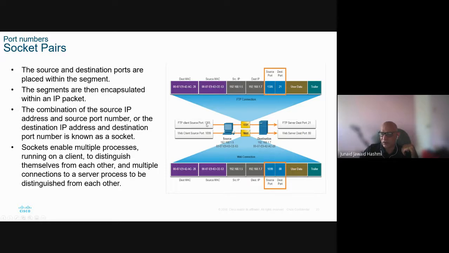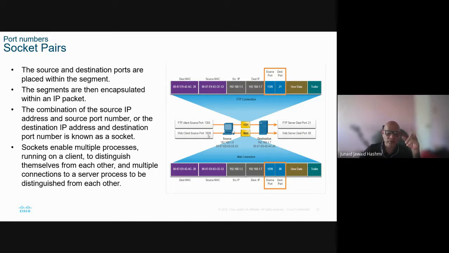This 1305 requested FTP, so the server will provide FTP services to port 1305. Another port, 1099, requested web services, so it will display the web page to port 1099. That's the reason there's a source port number and a destination port number.